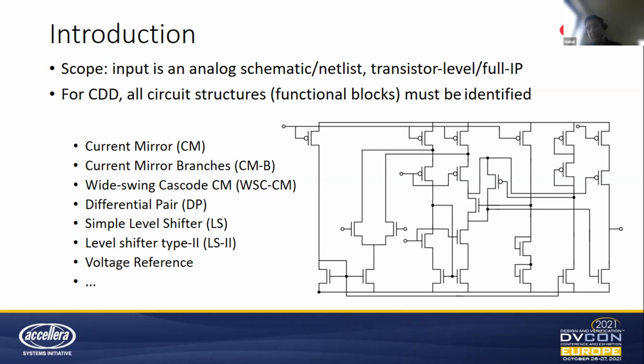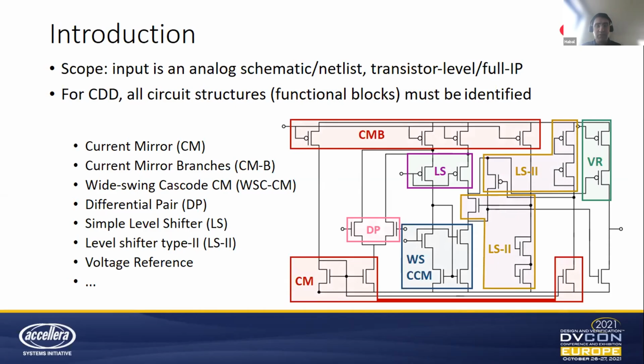For this DVCon paper, I'm going to restrict myself to the most simple structures, which we call level 1 or level 2 structures, and just show them on top of this transistor level circuit, which I think was a comparator. So you have current mirrors, current mirror branches, wide swing cascodes, differential pairs, voltage references, etc. So this is the scope of the problem.